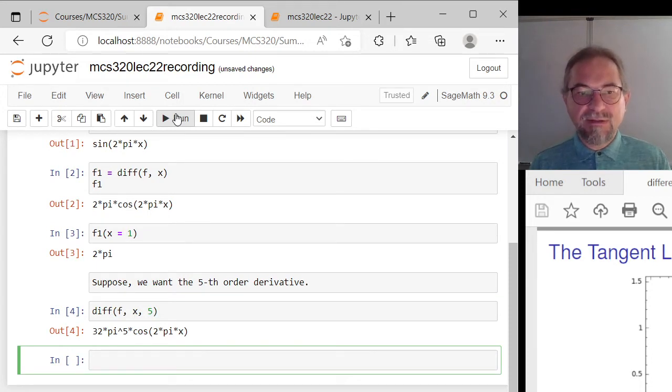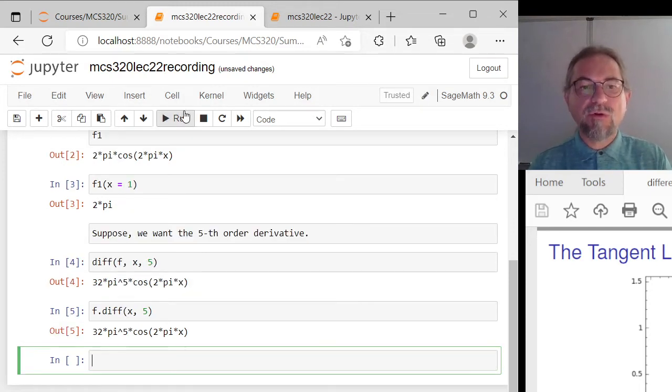And you see that I've done this 5 times the chain rule, or SageMath has done it 5 times. I can do this alternatively. Diff is also a method. So diff is a function that works on expressions, but it's also a method that works on the expressions.